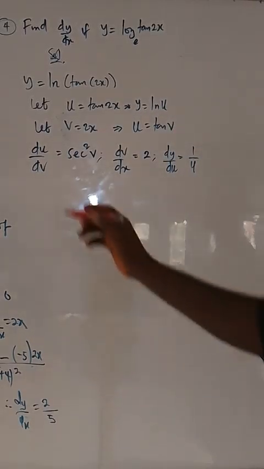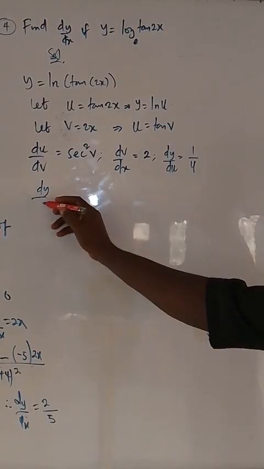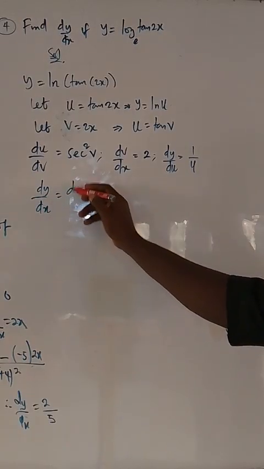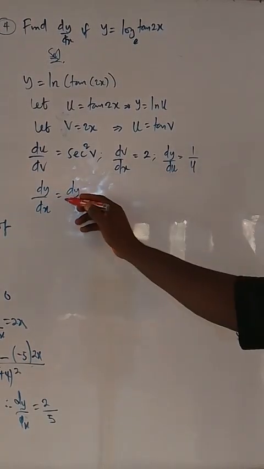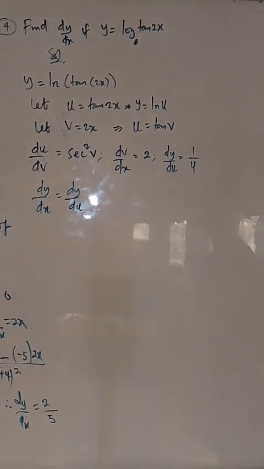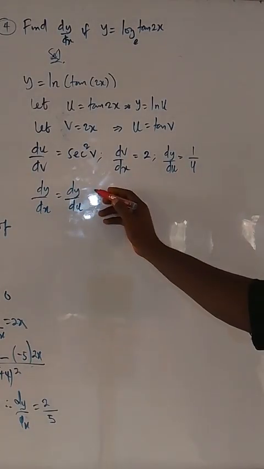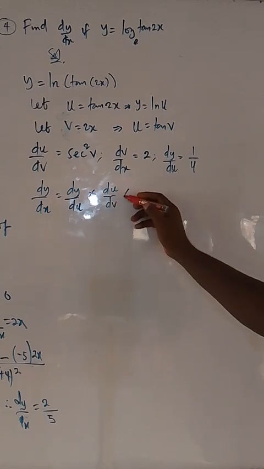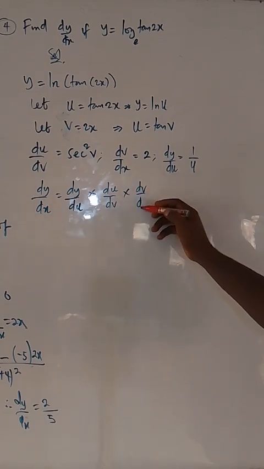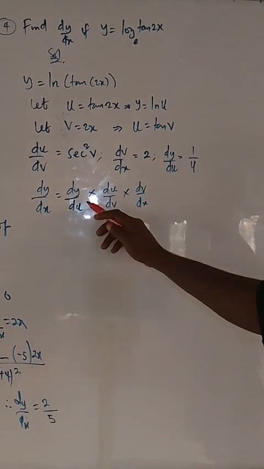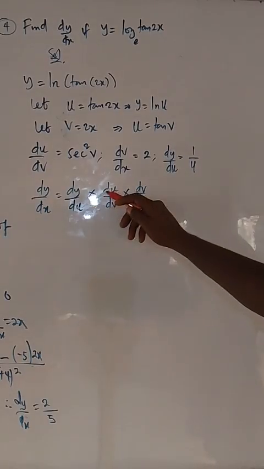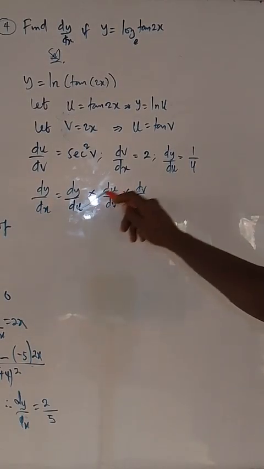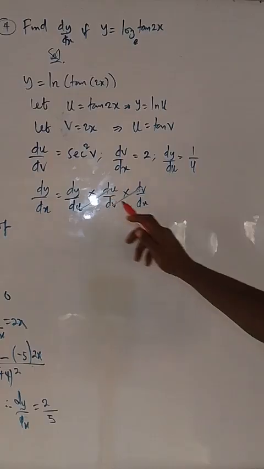Our aim, note, is to get dy/dx. So we have to start with dy over something. We start with dy/du, then times du/dv, times dv/dx. It's as though this du will take this one away, this dv will take this one away, and at the end we are left with dy/dx.